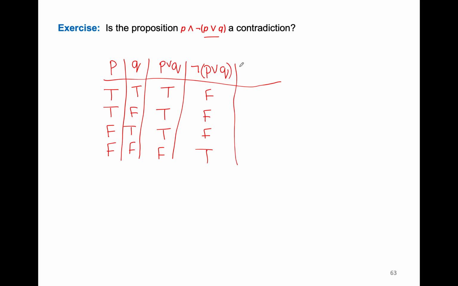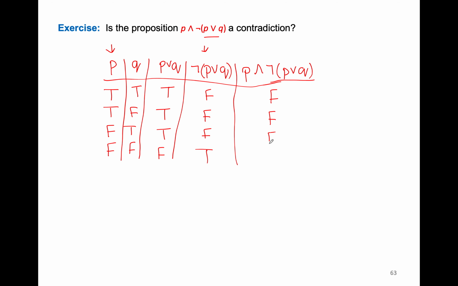Then we should have the full logical expression, which is P and not (P or Q). And here we look at this column and this column. So true and false is false. True and false is false.